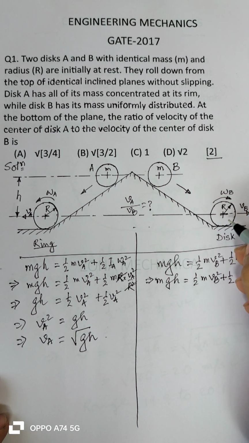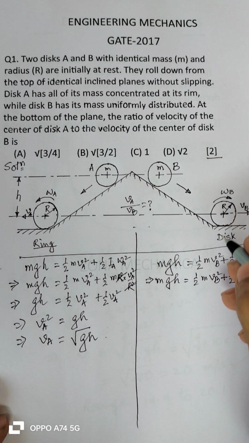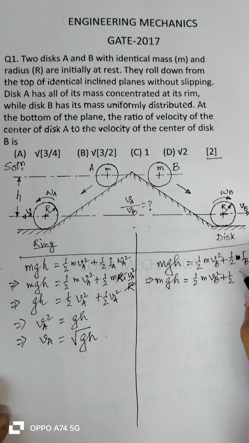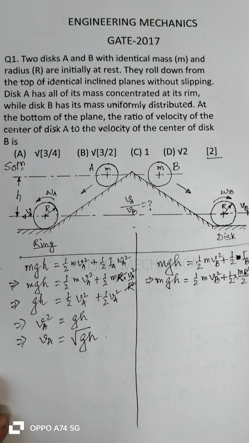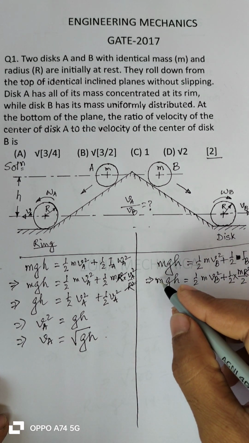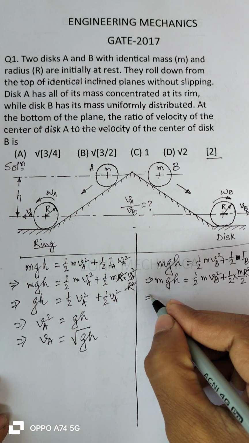So here it is a disk. So I for a disk, that is mass moment of inertia for a disk, is m into r square by 2, and this omega is VB by r, so squaring both, r square are getting cancelled and m will get cancelled from both the sides.